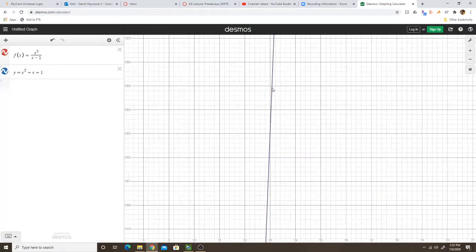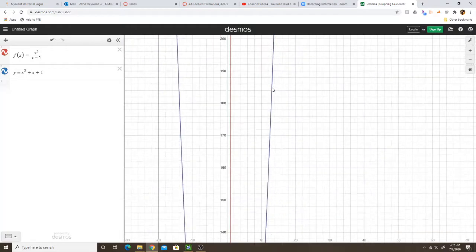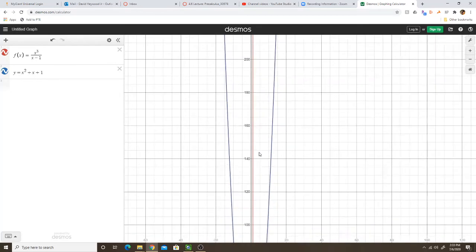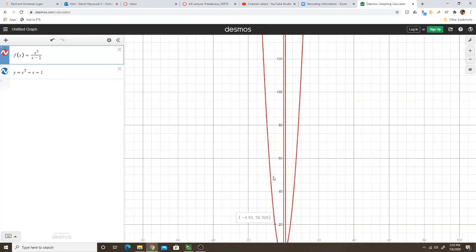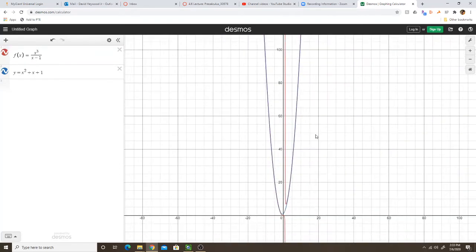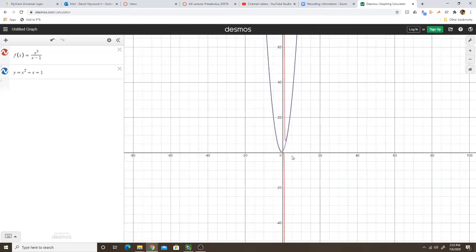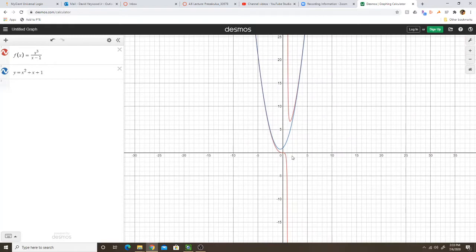But yeah, so what that tells us is that in the long run, the end behavior of f of x is a lot like y equals x squared plus x plus 1. So there you go. Kind of a cool thing, I think. It gives us some indication of what the function is going to look like.